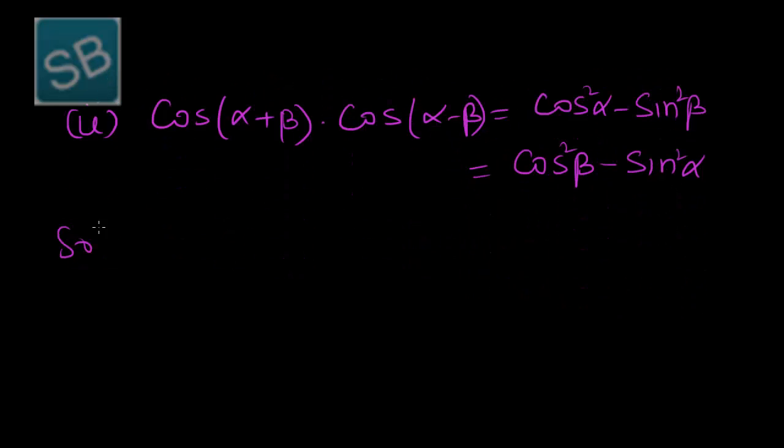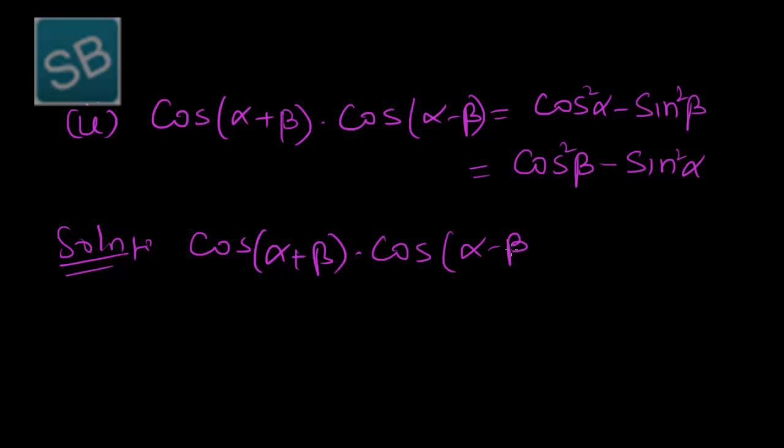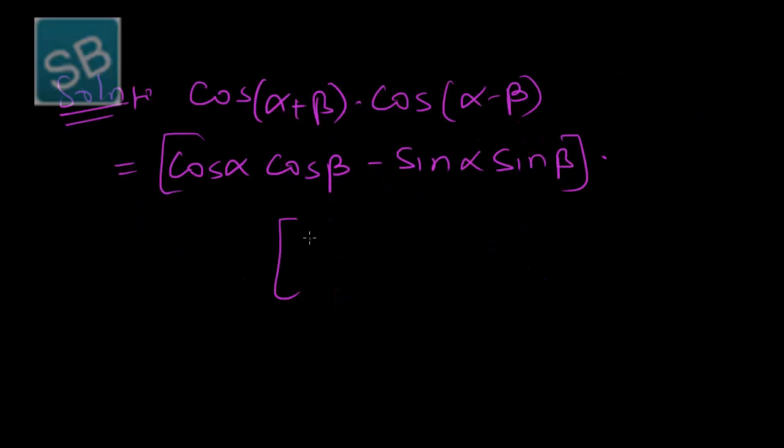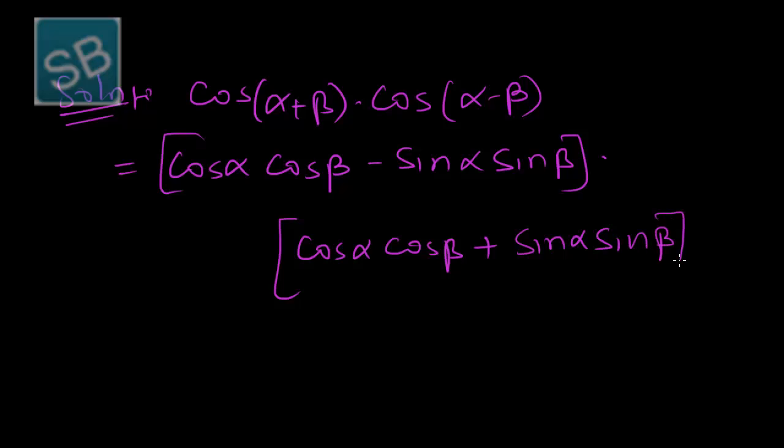So again, taking the left hand side, that is cos alpha plus beta into cos alpha minus beta: cos alpha plus beta is cos alpha cos beta minus sin alpha sin beta, into cos alpha cos beta plus sin alpha sin beta.